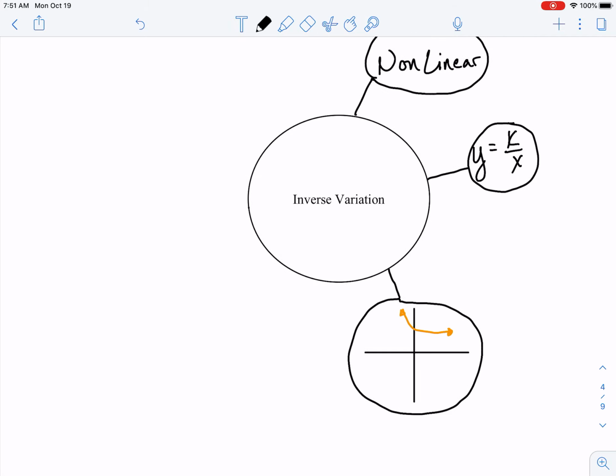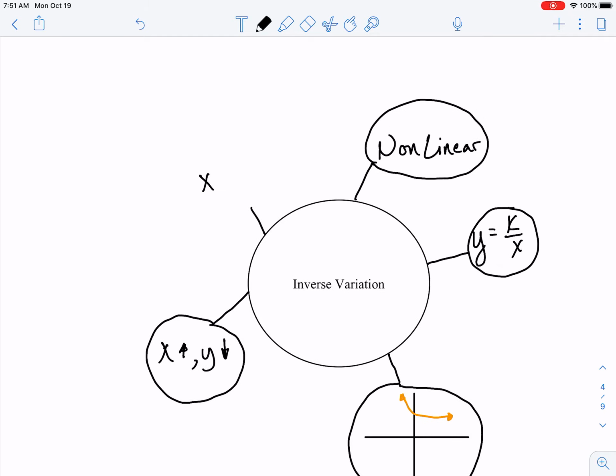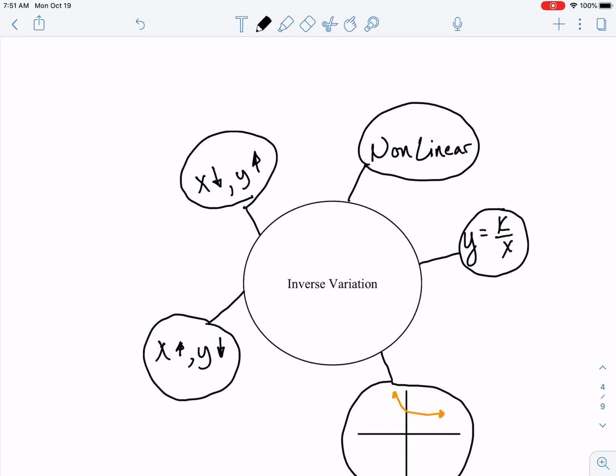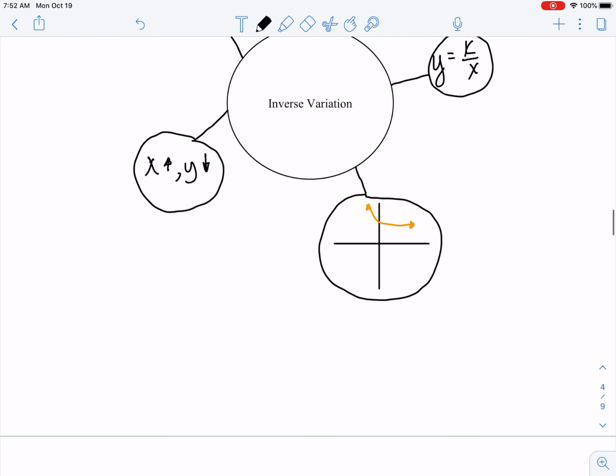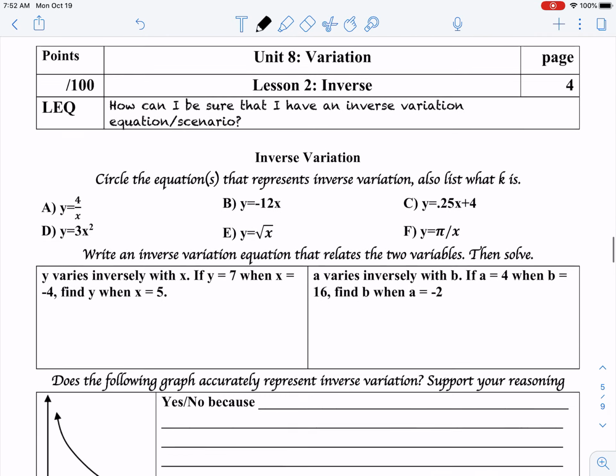Another key thing to remember is as x goes up, y goes down, or as x goes down, y goes up. All right, so x's and y's move in different directions. All right, so these are the only rules. Now we'll do a couple examples.